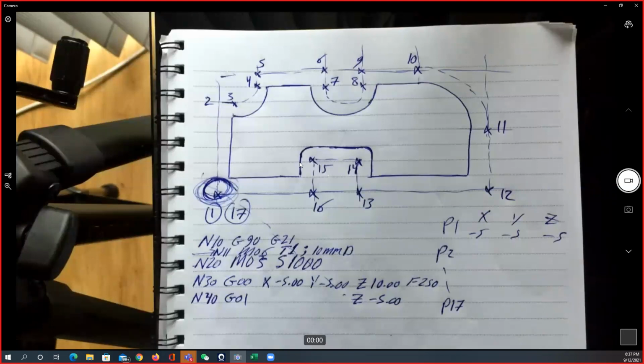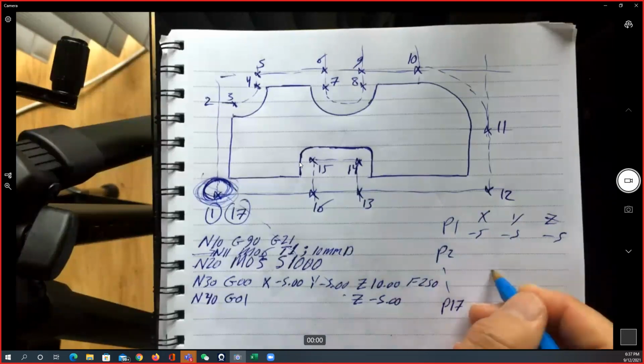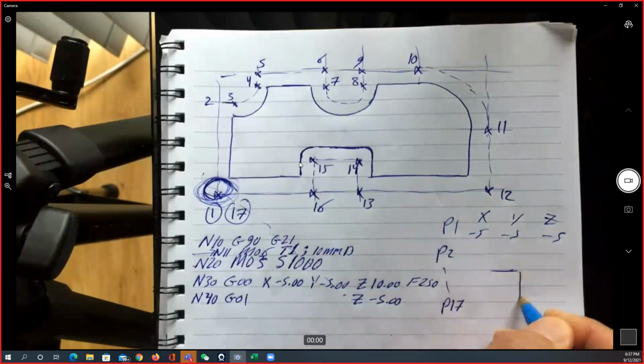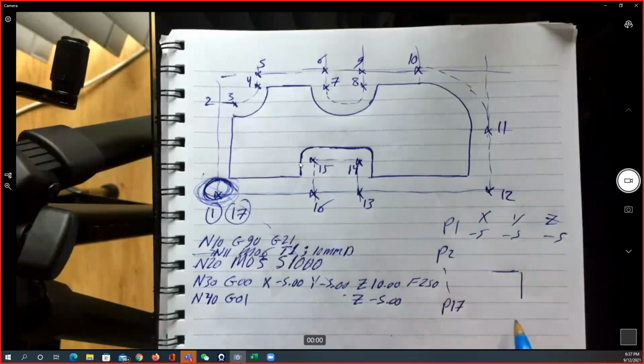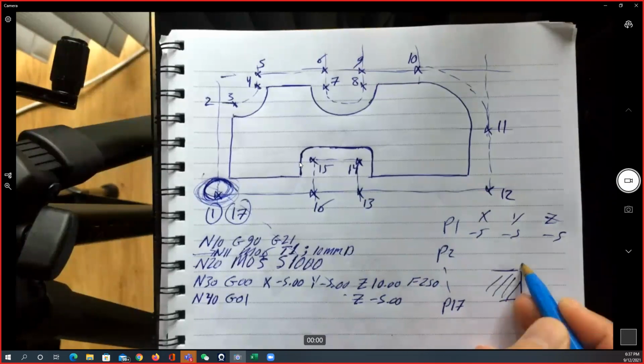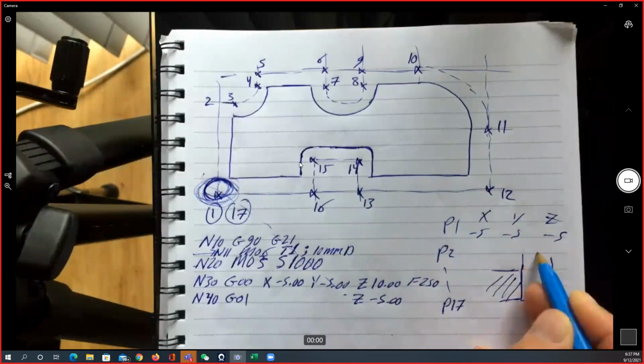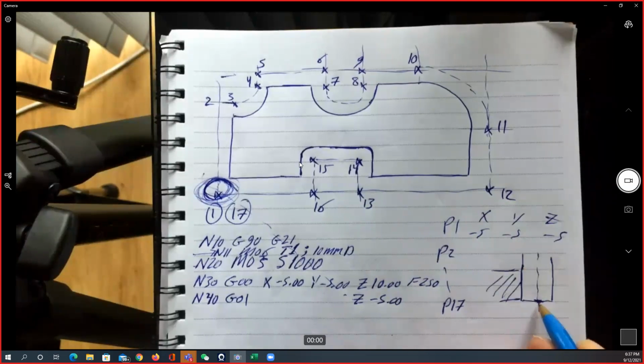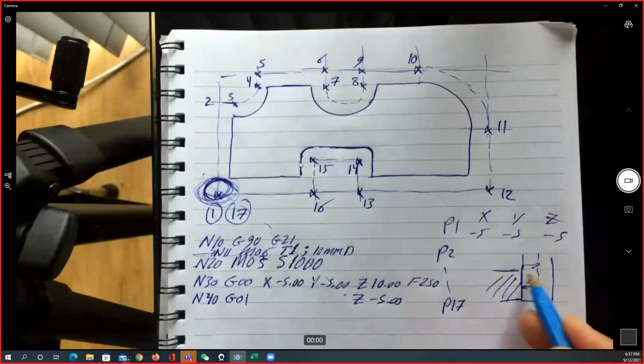Well, actually, the example we're going to have on Monday is going to be more complicated, and we'll show you a lot. But that's the side cut of the work part. It's a cross section. My cutting tool is now standing here. The center is here. This center is away by 5 millimeters, and this is 5 millimeter depth as well.